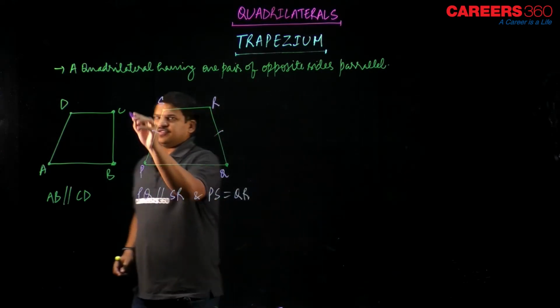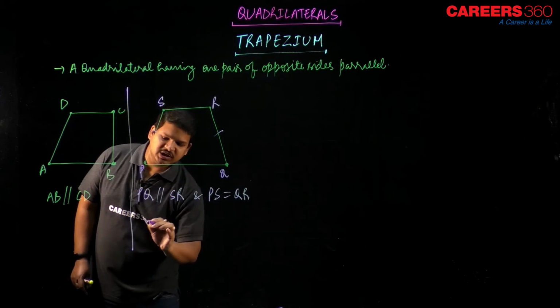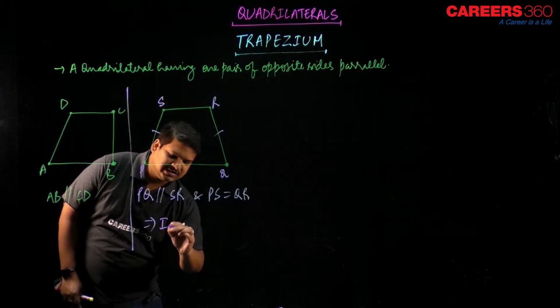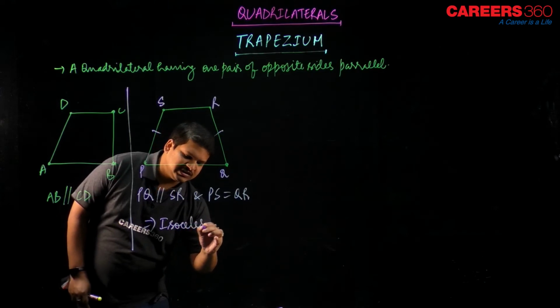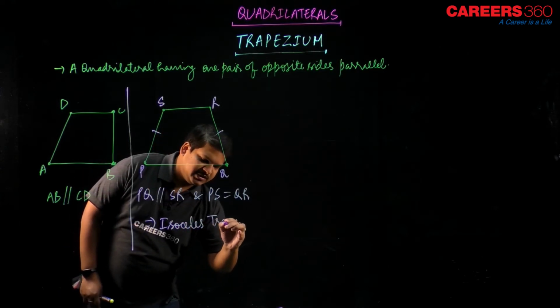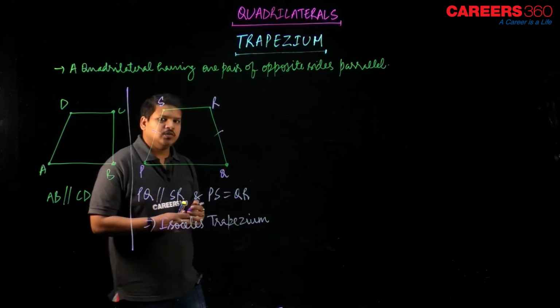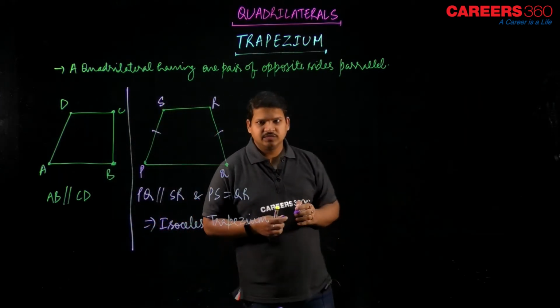Now, if this is the condition, then this type of trapezium will be known as an isosceles trapezium. I hope it is making complete sense to you, right?